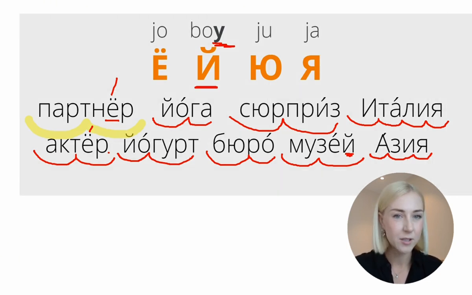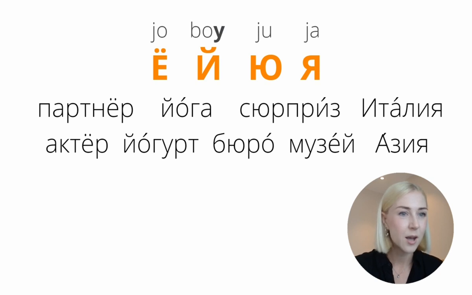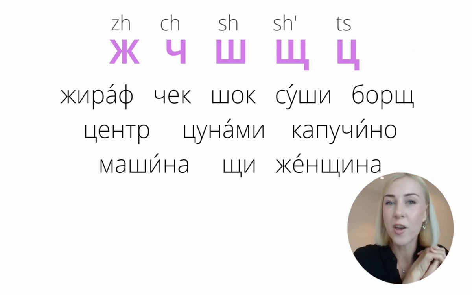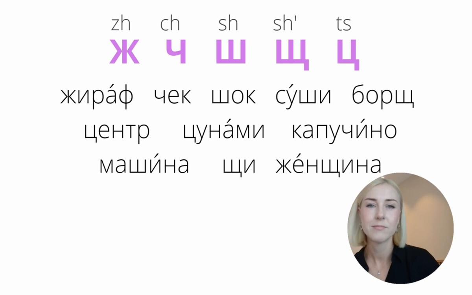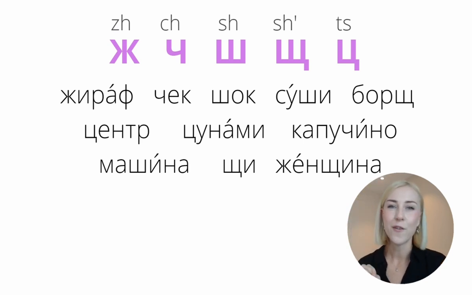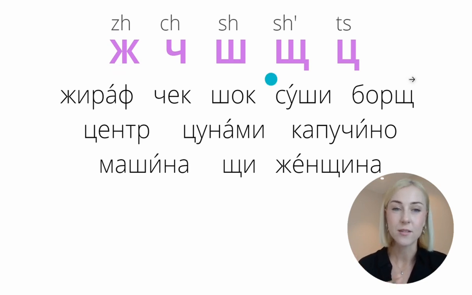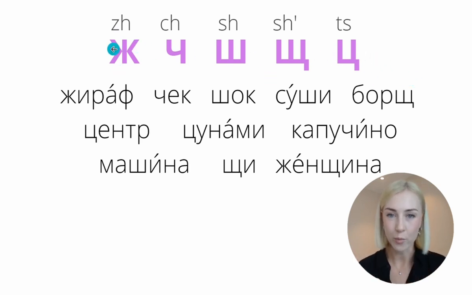Okay, guys, we are almost done. We have just some words left. Let's go. Okay. So yeah, I know these letters, they look very scary, but I love them. They are very, very Russian. So let's get started. All of these letters are consonant. Here there is no vowel.